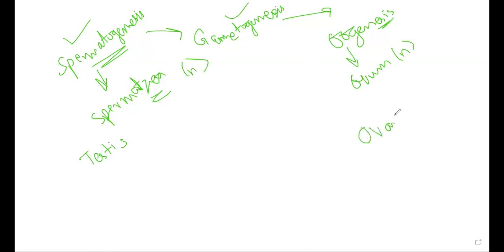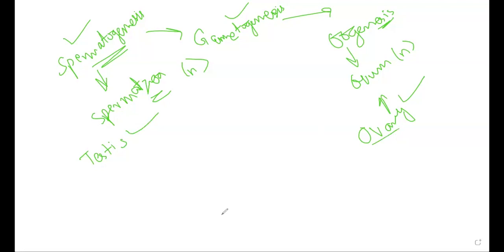Spermatogenesis happens in the testes and oogenesis in the ovary, so they become the primary sex organs, which actually form the gametes.